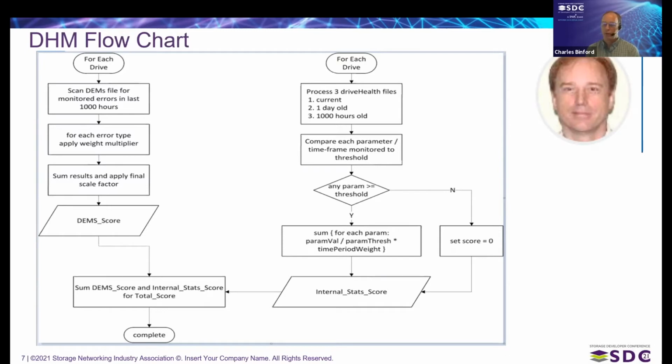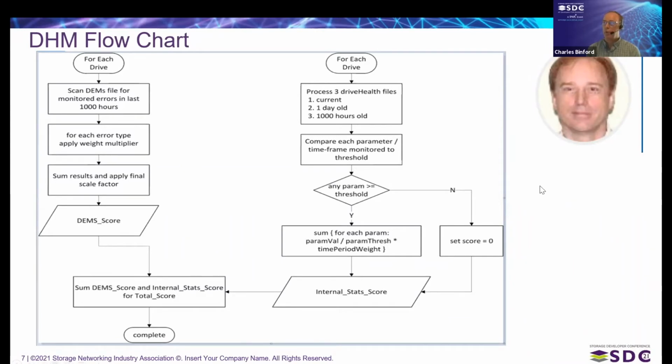We're looking at the fairly recent last 24 to 36-hour time frame, and that has a medium weight. And then we give the most weight to errors, delta values, in the last 1,000 hours. We have several parameters we're looking at, and each of those parameters has a threshold value for the given time period.